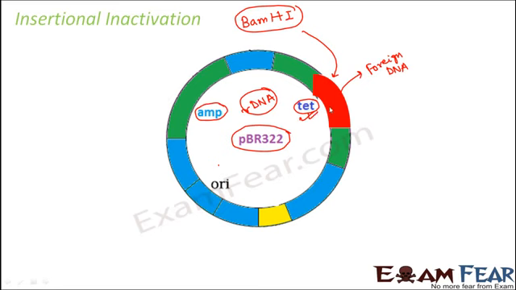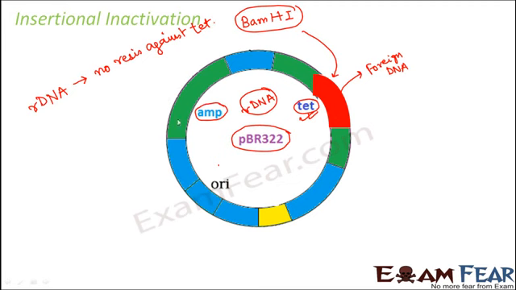Instead of that, we have the foreign gene. Right? So that means this recombinant DNA which is formed now does not have resistance against tetracycline. That's because that position is being occupied by the foreign DNA.